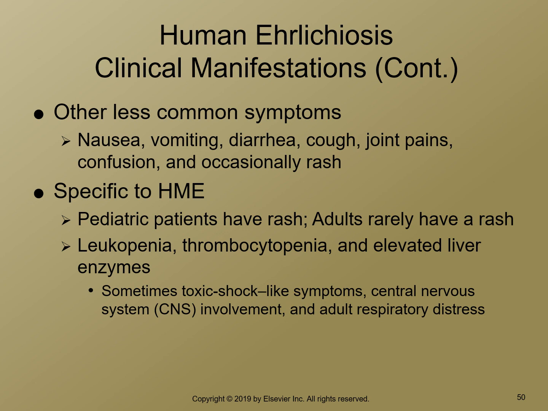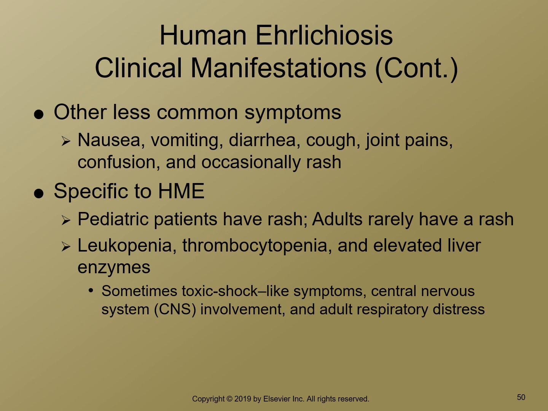As many as 60% of pediatric patients infected by Ehrlichia chaffeensis may have a rash, although adults with the same infection rarely experience rash. Patients may also have evidence of leukopenia, thrombocytopenia, and elevated liver enzyme levels. Severe complications can occur, such as toxic shock-like syndrome, central nervous system involvement, and adult respiratory distress.